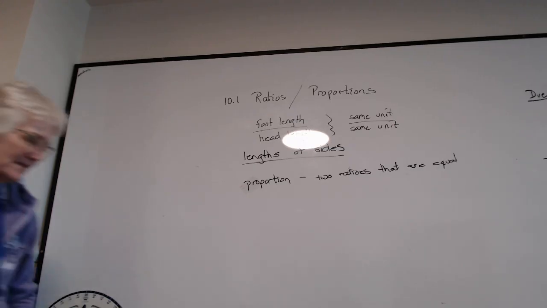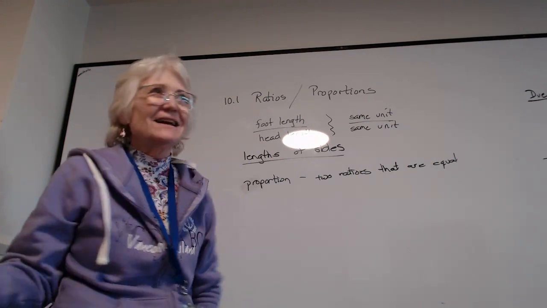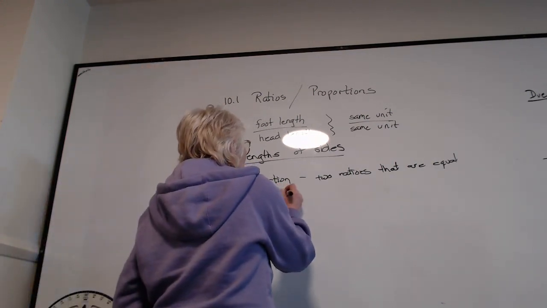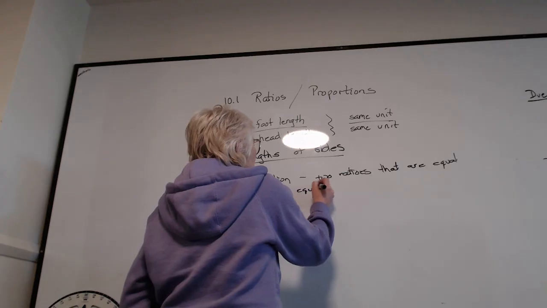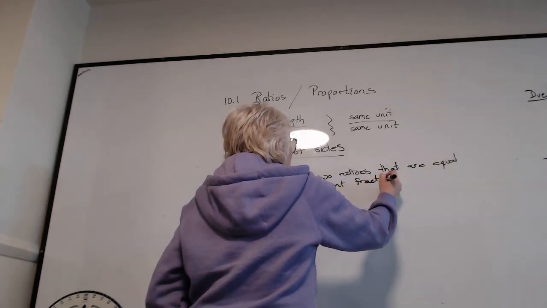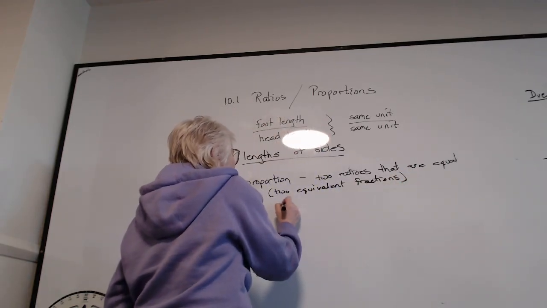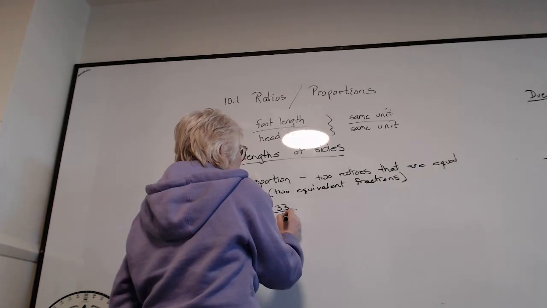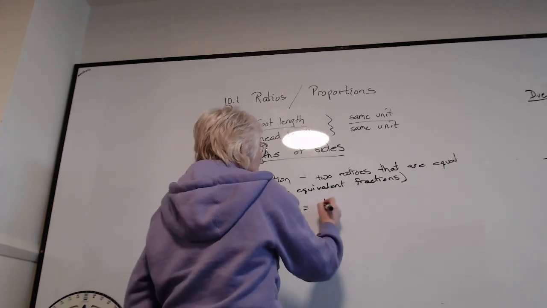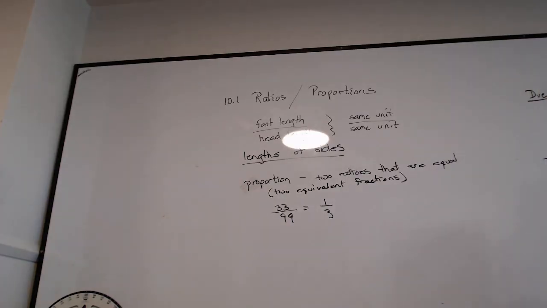Now if you think about that, that's really just two equivalent fractions. So there's lots of ways to do it, but if I have 33 over 99, that really is the same as 1/3, okay? Because 33 divided into 99 goes in 3 times, so it's the same as 1/3.